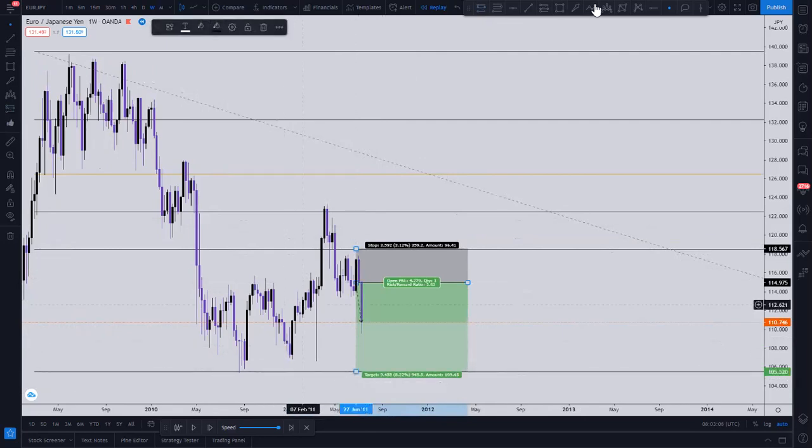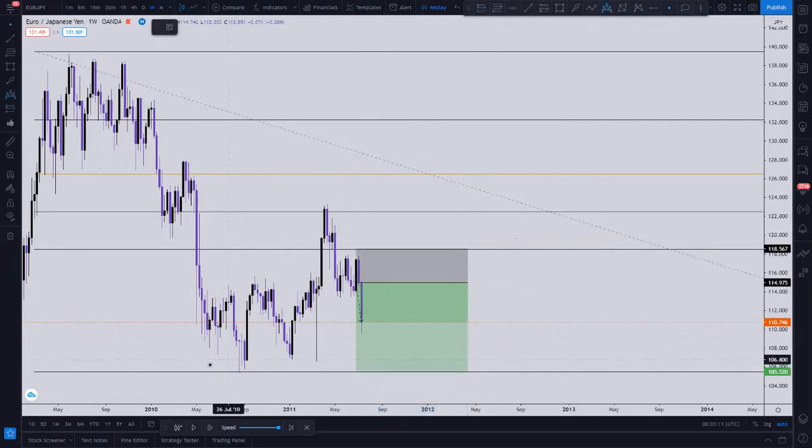So as you can see, price over here has created a pattern for you, which is a shoulder, and then a head, and then a shoulder again. That shoulder, head, and shoulder has been confirmed with what?